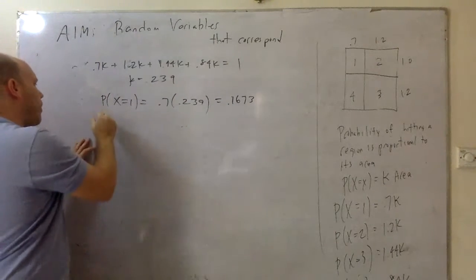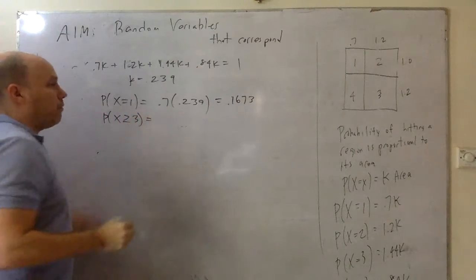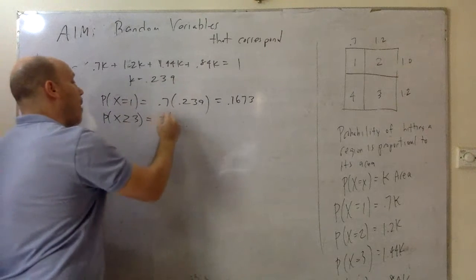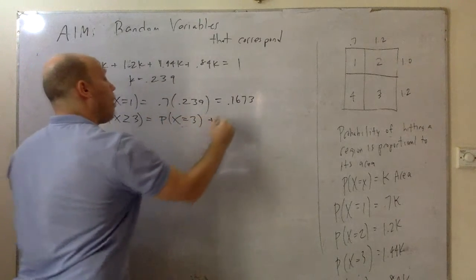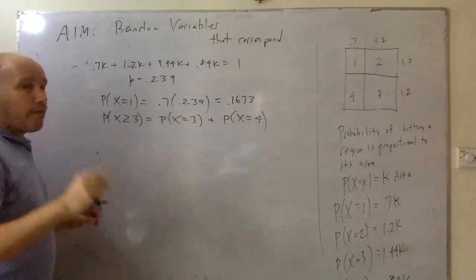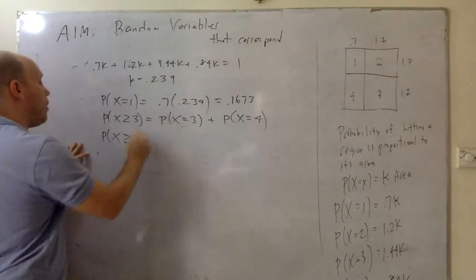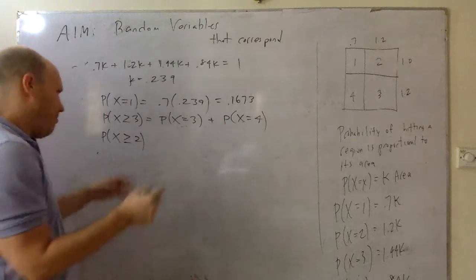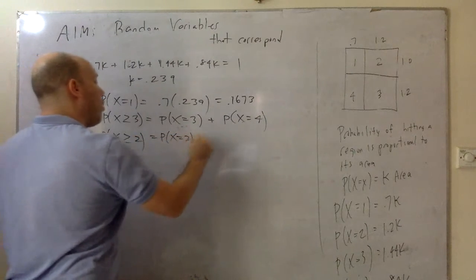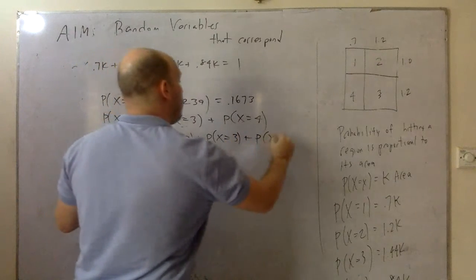Let me ask you something. What is the probability that X is greater than or equal to 3? Well, you look at this, you go, okay, what's greater than or equal to 3? It's the probability that X equals 3 or the probability that X equals 4. What if I ask you, what is the probability that X is greater than or equal to 2? Well, you might say, okay, Mr. Riley, it's the same thing. The probability of X equals 2, or the probability of X equals 3, or the probability of X equals 4.